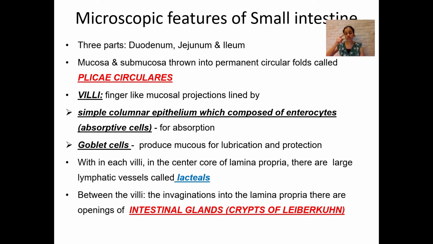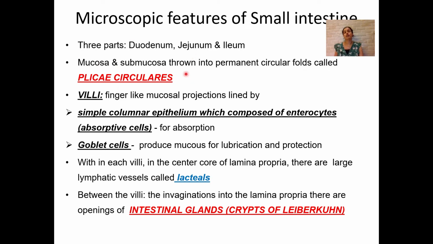Since the mucosa and submucosa are both folding, these folds are called plicae circularis. They can be seen grossly and also under the microscope. So the mucosa and submucosa are thrown into permanent circular folds called plicae circularis.